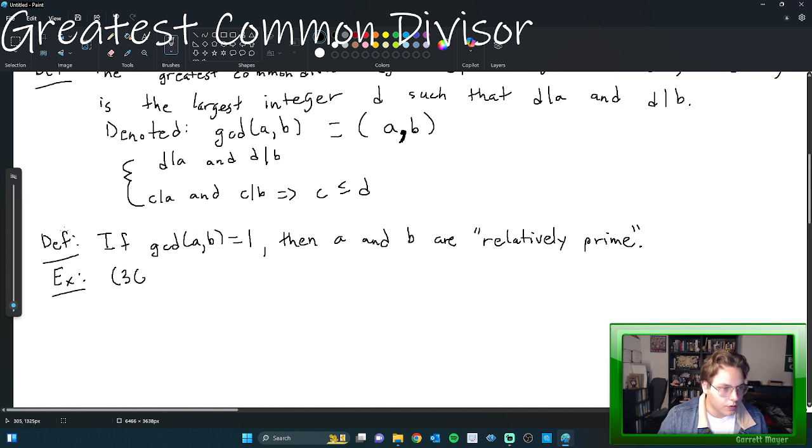So the GCD of 36 and 22 does not equal 1 because both numbers are even. So these are not relatively prime. 36 and 22, their GCD is greater than or equal to 2.